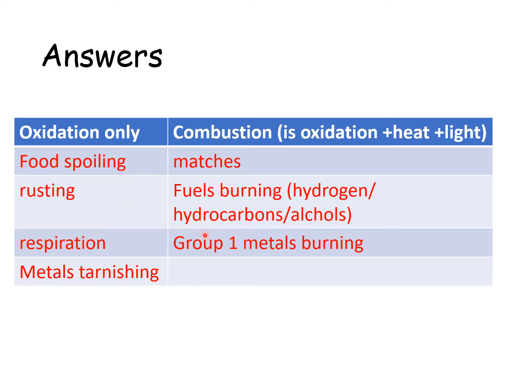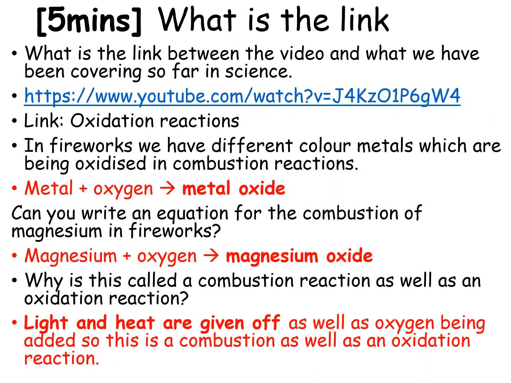Remember, the combustion reactions are oxidation, but they just release heat and light energy. So please do write your corrections in or correct your table, so you have a correct table or set of answers in your book.